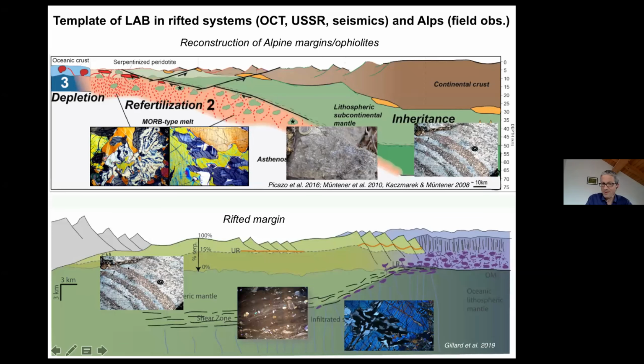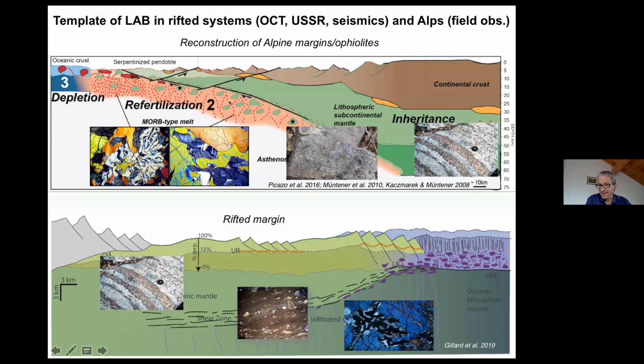And you can find remnants of continental mantle close to the continent, as indicated here by this highly layered pyroxenite-rich mantle. And you can find infiltrated peridotites with melt rock reaction, exemplified by plagioclase and OPX down here or up here.